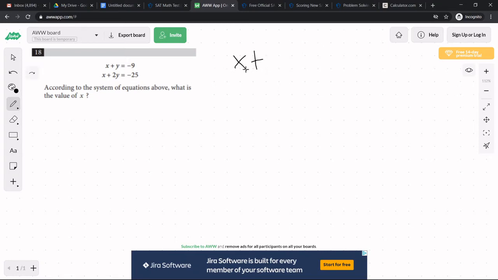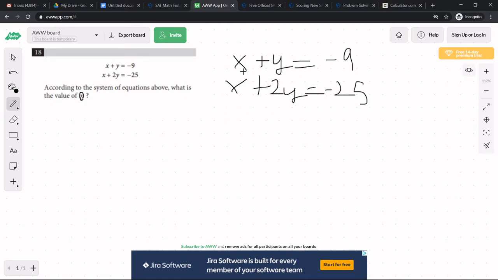Or we do it the other way. x plus y equals negative 9, x plus 2y equals negative 25. Again, looking for x, so I want to get rid of the y's. You can multiply the top equation by 2, so I can just subtract them. 2x plus 2y equals negative 18.